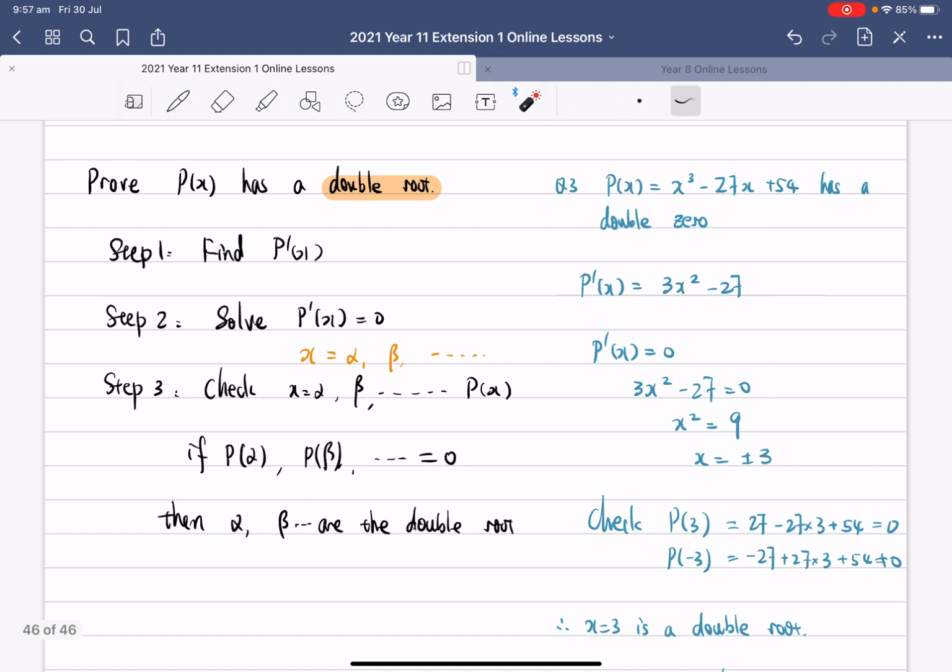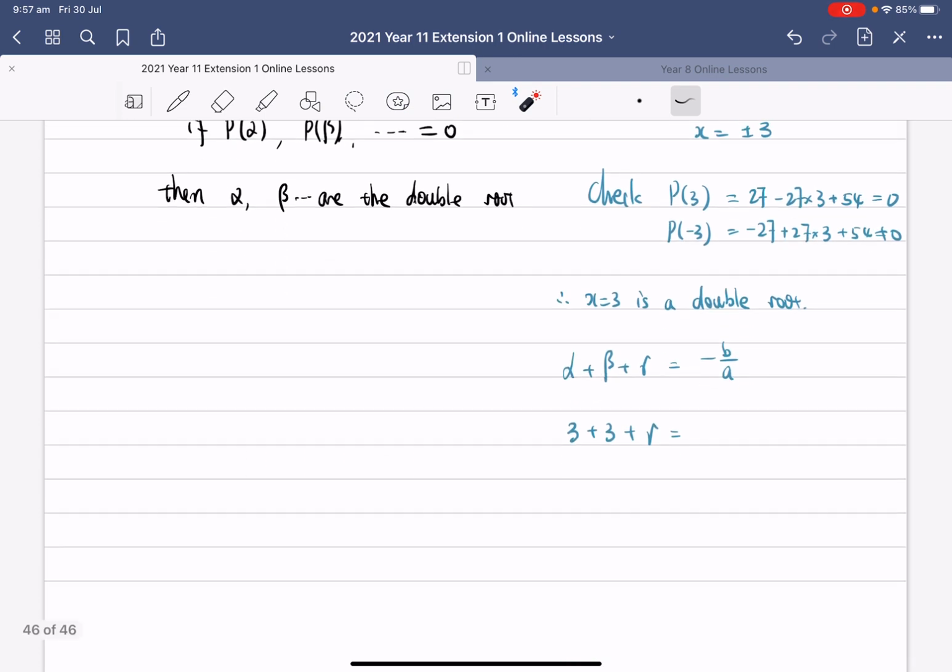With minus b on a, we have to be very careful. Although this looks like the second term, the power is 1, not power of 2, so that's not b. The b term is actually missing, so minus b on a is equal to 0. Therefore gamma is equal to minus 6.